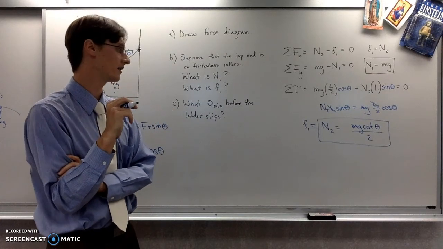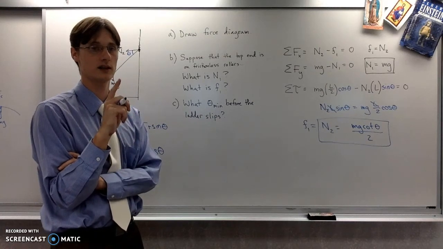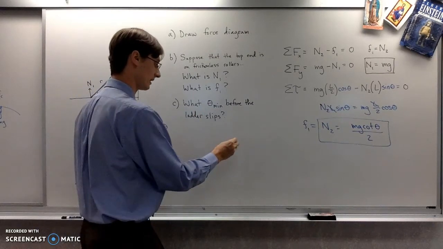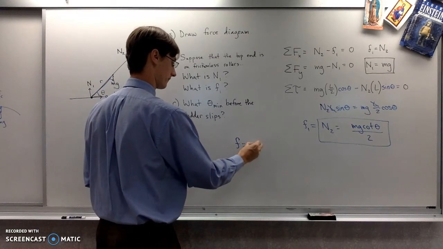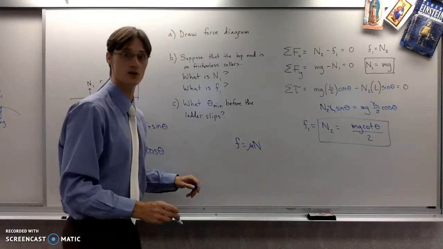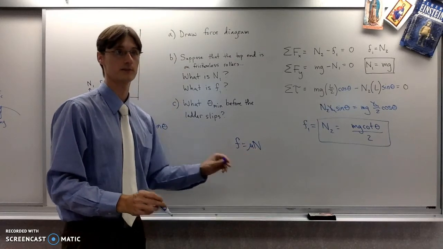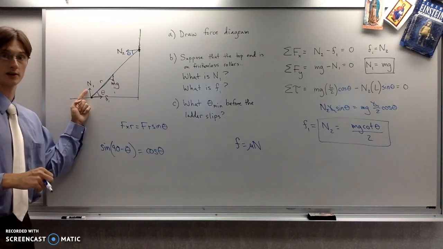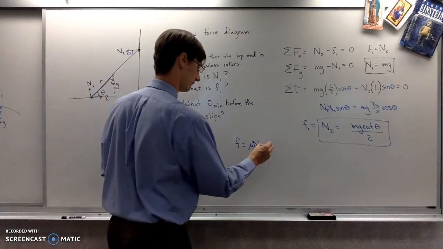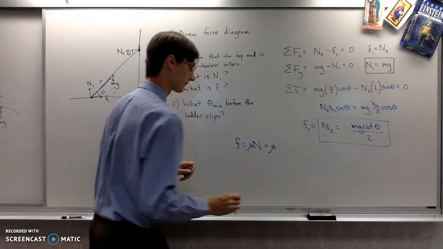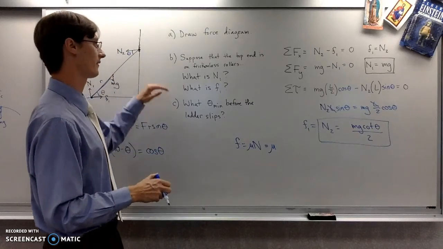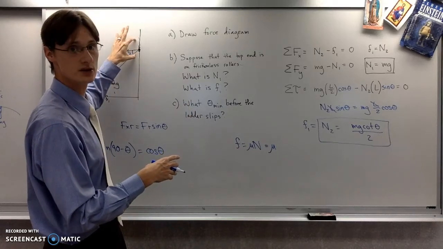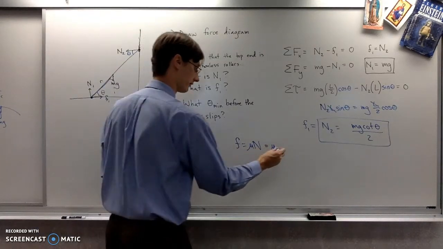At the moment that it's just barely going to slip, the friction force is given by mu times the normal force. The normal force in this equation is this N1 right here, and N1 we found up here is mg. That won't change with the angle as long as there continues to be no friction up here.